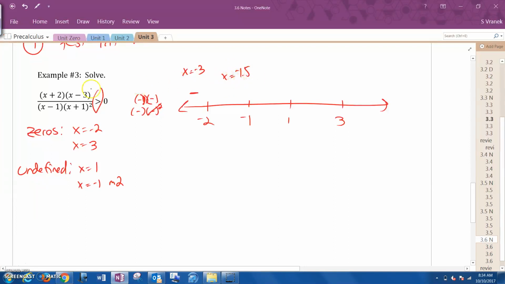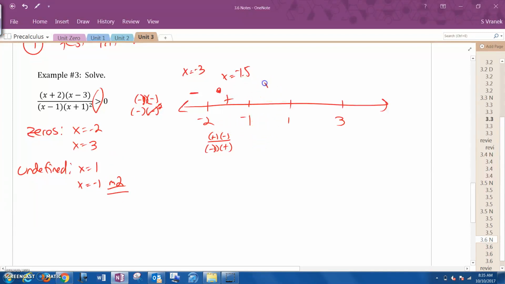So negative 1.5, that now becomes positive. I'll do it down here. So I have positive, negative, over negative, and this will always be positive. So this will end up being positive like we thought. Now at negative 1, we have a vertical asymptote, and it has a multiplicity of 2, which means that it should stay positive.